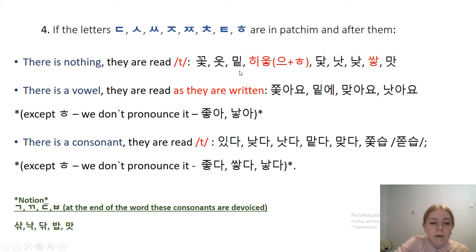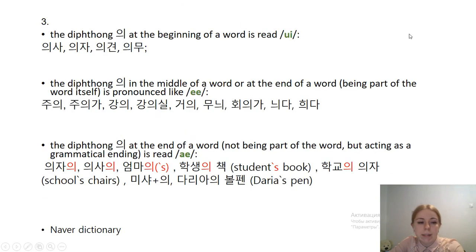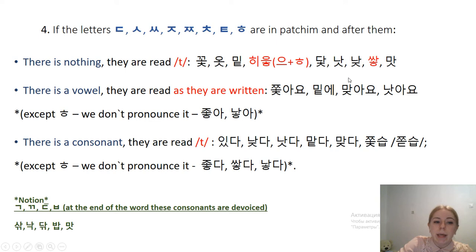But if there is a vowel or consonant after h, we don't read h. You remember? There was this rule. The first one, the letter h is not pronounced in Patchim. 싫다, 많이. This is the same situation. And in this case, wherever there is a vowel or consonant, we don't read them in any case.